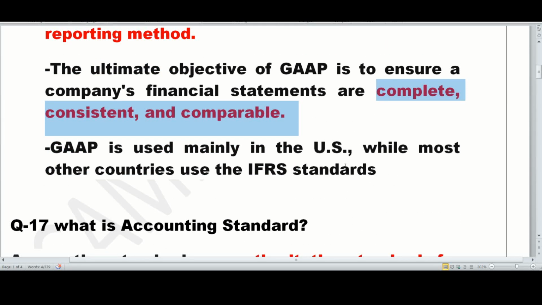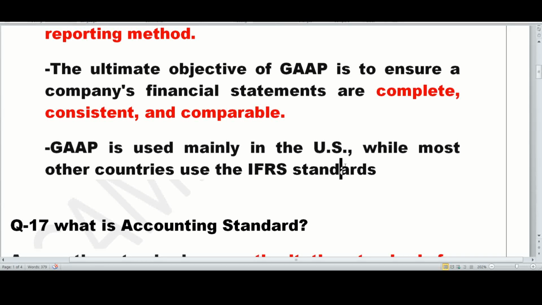Generally, GAAP is followed by the US, and most of the other countries follow IFRS, International Financial Reporting Standards. This IFRS is followed by a lot of countries, whereas GAAP is followed in the US.